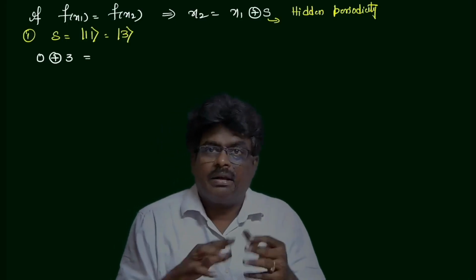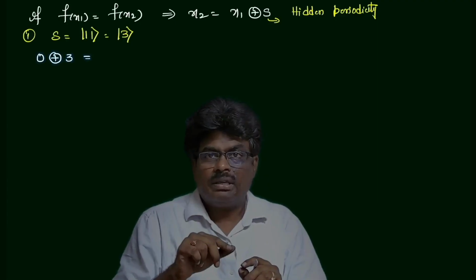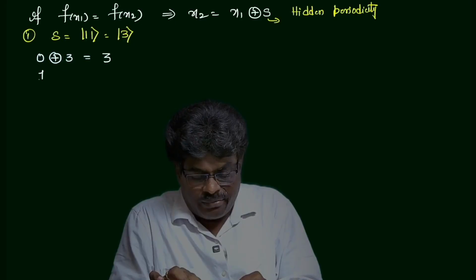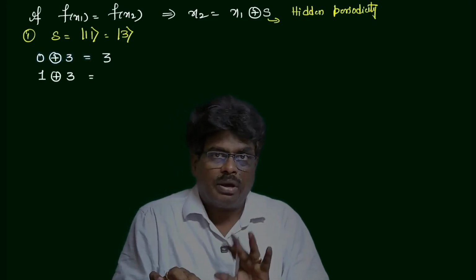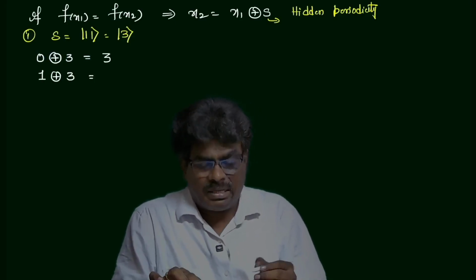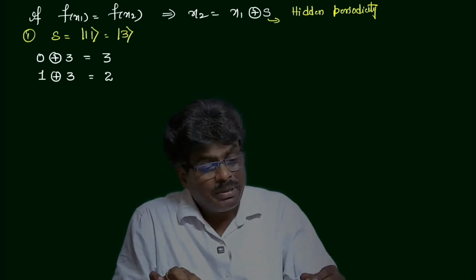Here I have 0 XOR 3. Completely I am following decimal only, because I am comfortable with this. 0 XOR 3, there is nothing common, that's why 3. And if I take 1 XOR 3, 1 we have 1, but 3 contains 2 plus 1, so 1 is common, cancel, and you get 2. What is the meaning of this?